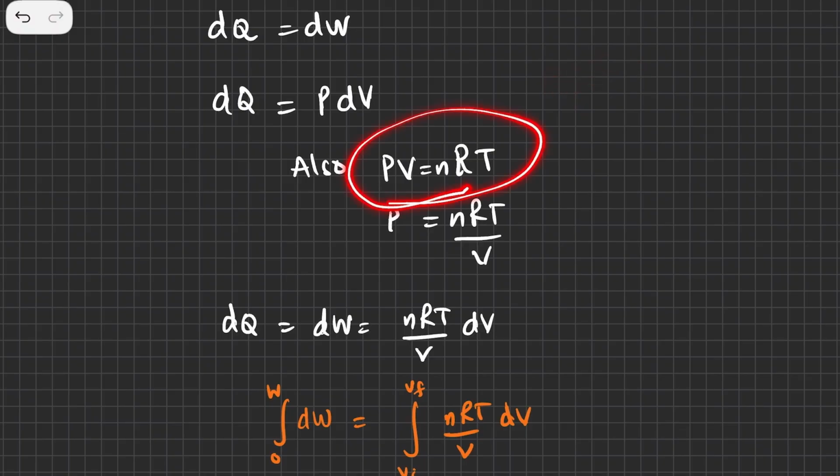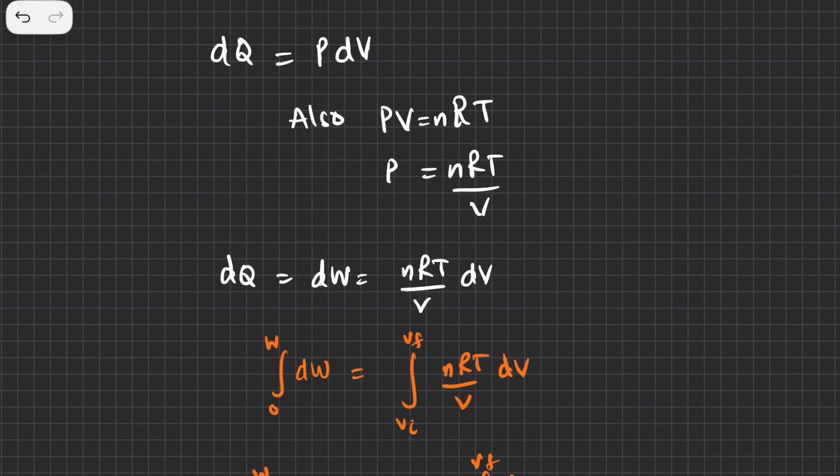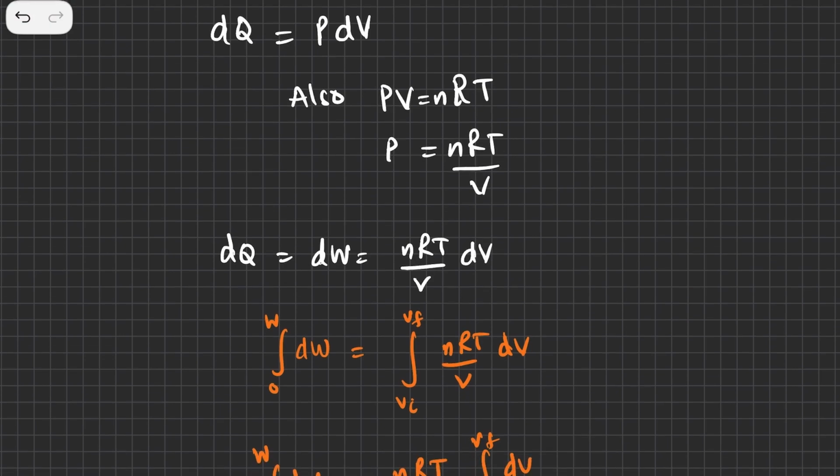If V goes to the other side, I have P is equal to nRT by V. So I'll put this value directly: dQ is equal to dW is equal to nRT by V into dV.